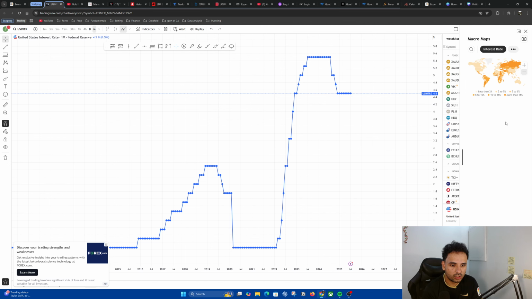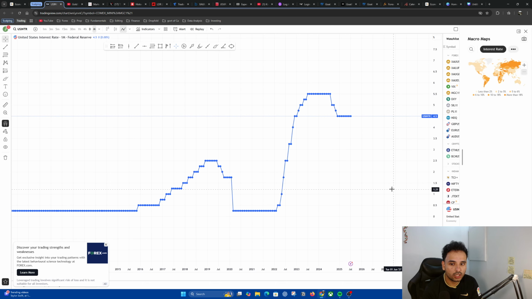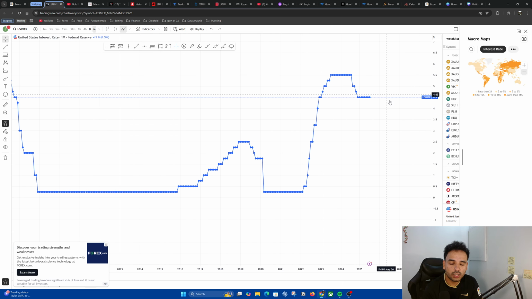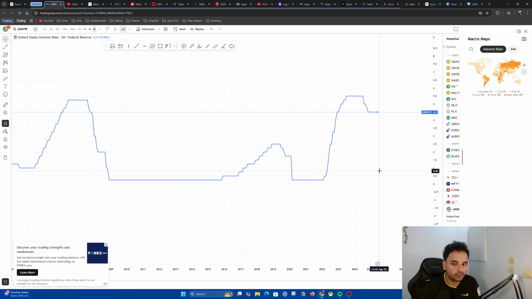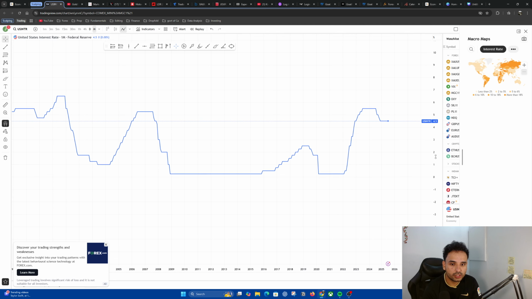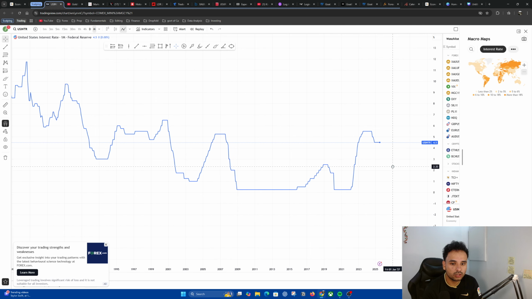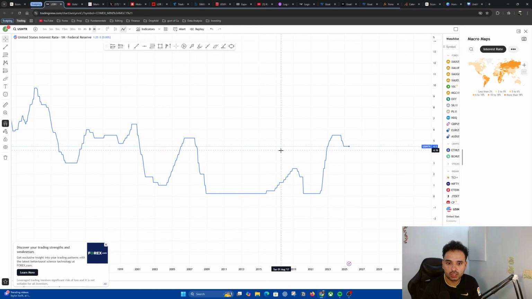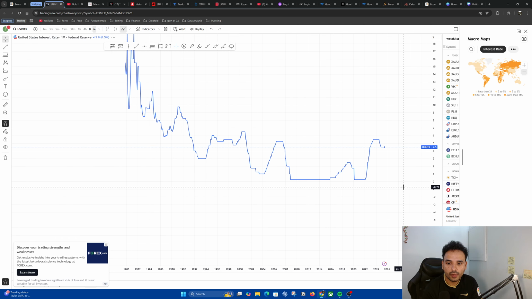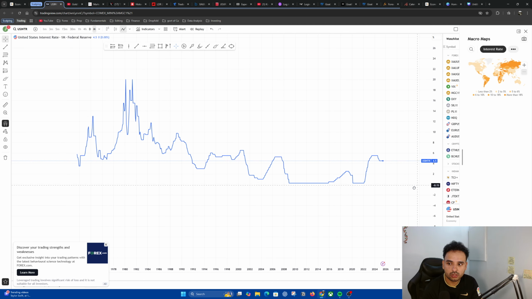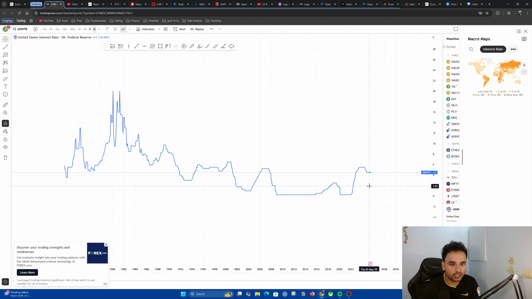Now you are able to see the data that we were talking about on Forex Factory and how it's been going, if there is a very high change. So this is the interest rate chart and they are believing it is going to come down now. There's a high probability of that, so whatever you are trading, try to plan accordingly.